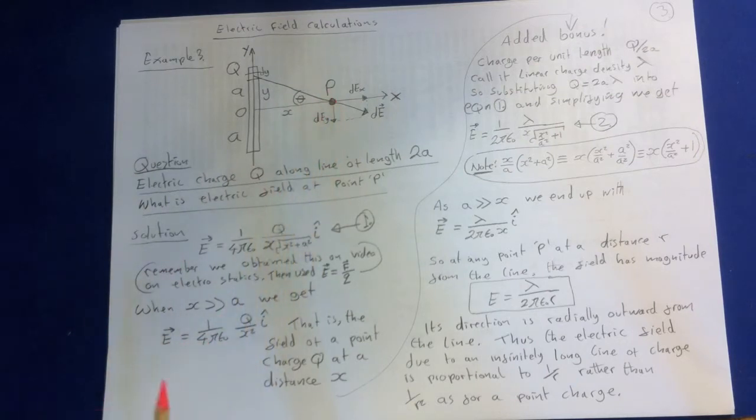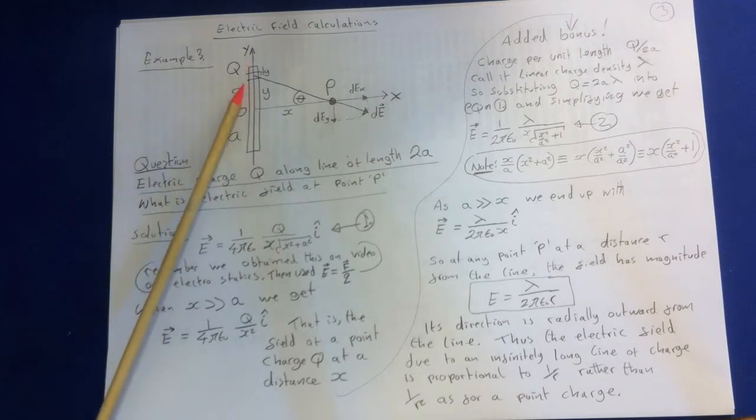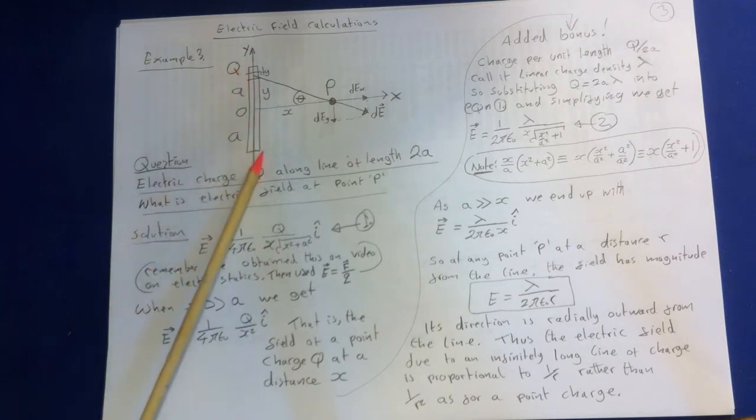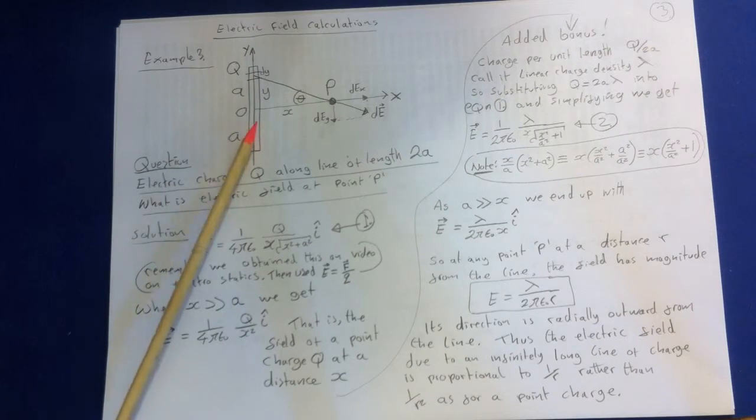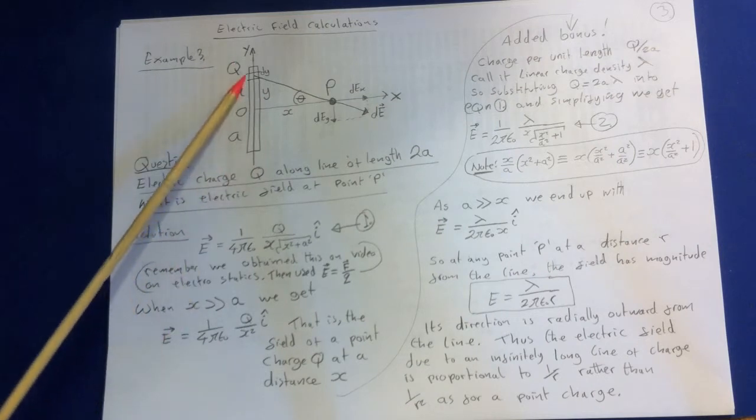Now, given this, we get an added dividend from this equation if we express it in terms of the charge per unit length. The charge per unit length would be this charge divided by 2a, which was the total length here.